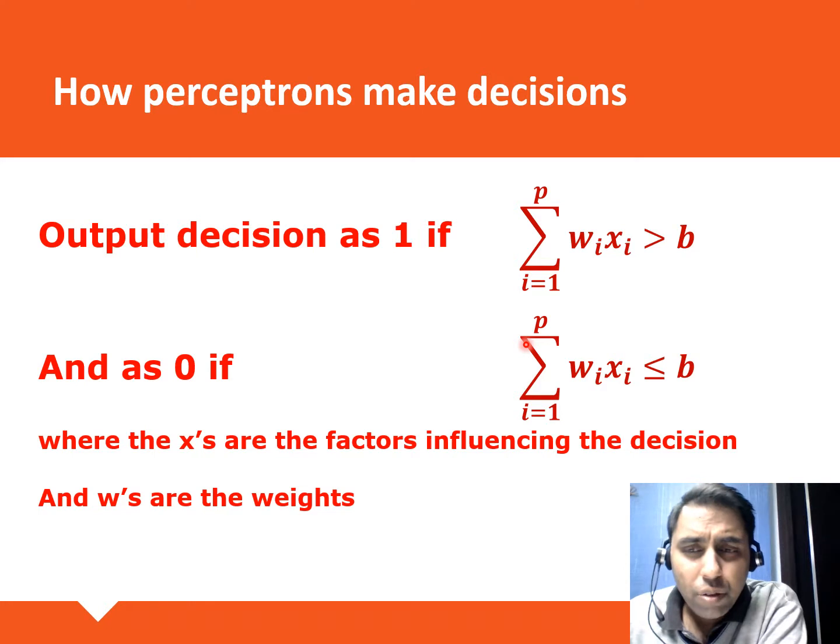So how does the perceptron really make a decision? I said that the perceptron combines the information that it's receiving, and based on that combined information, it is making a decision.